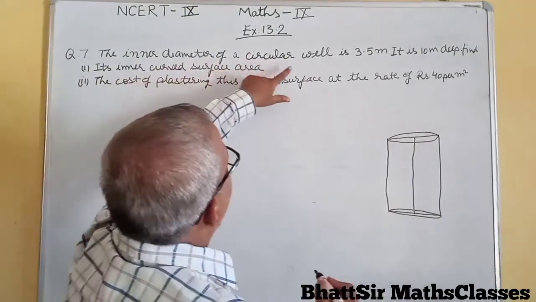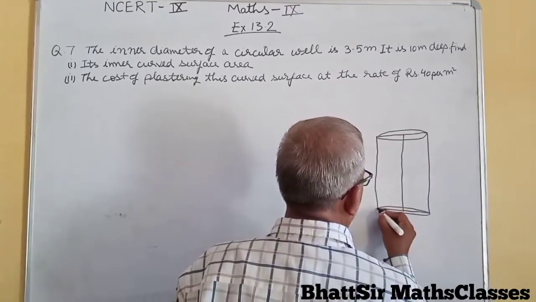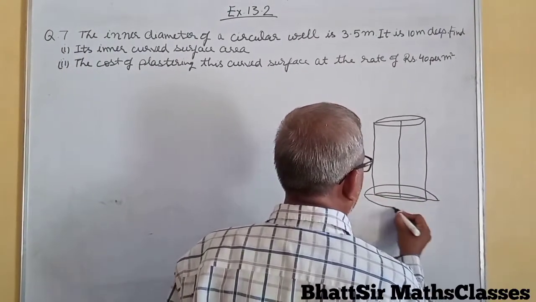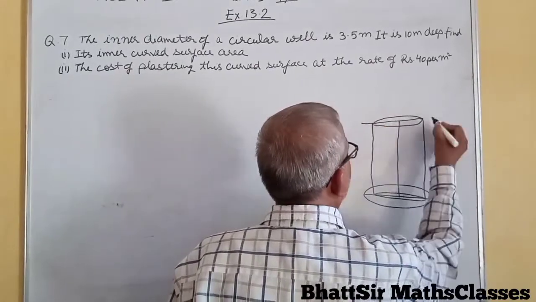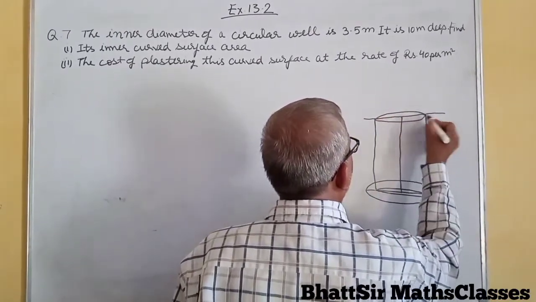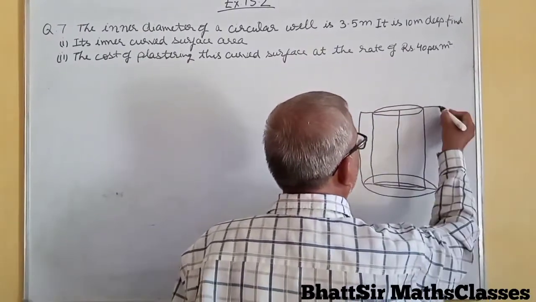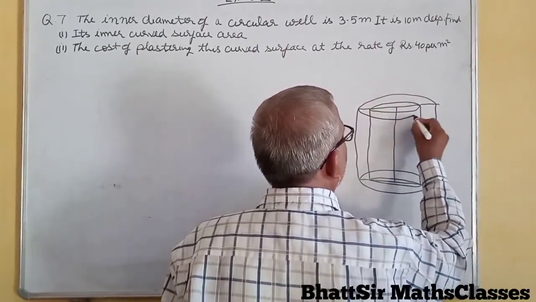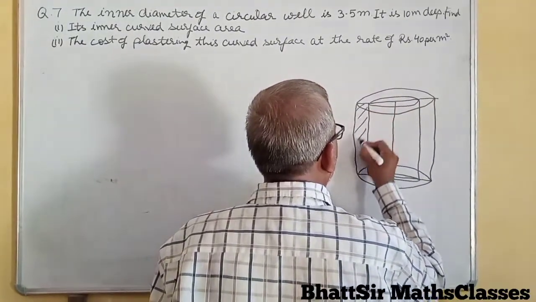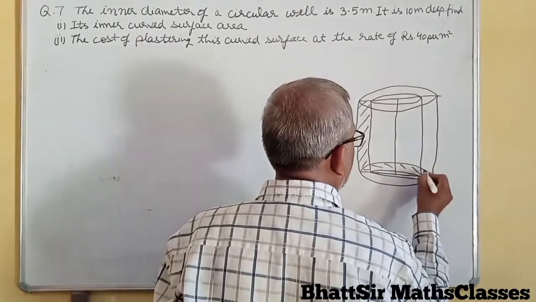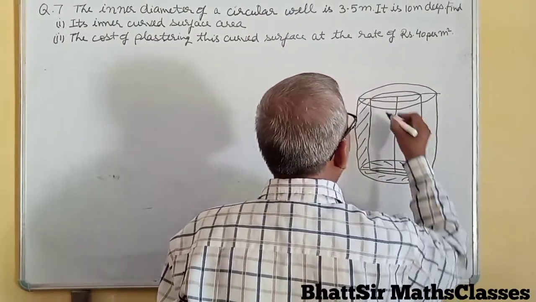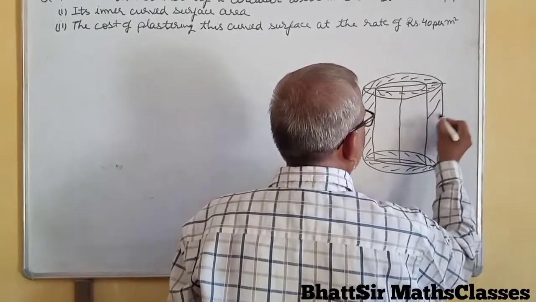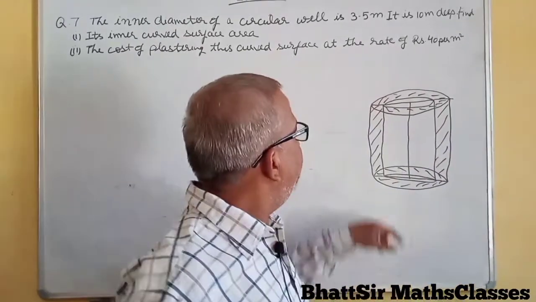The inner diameter of a circular well, it is in the shape of a well.